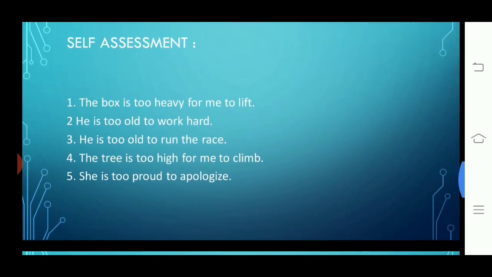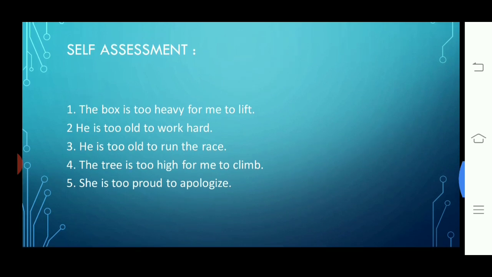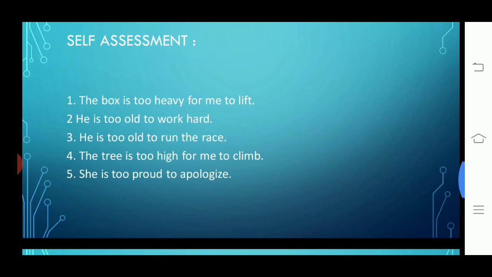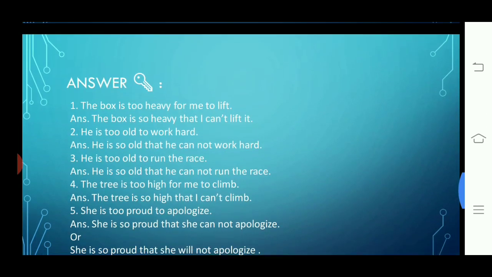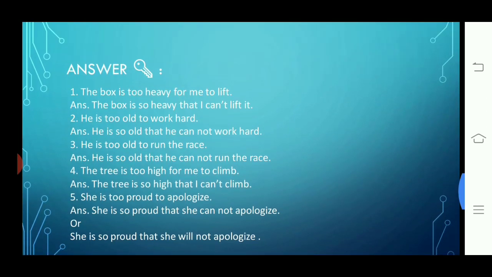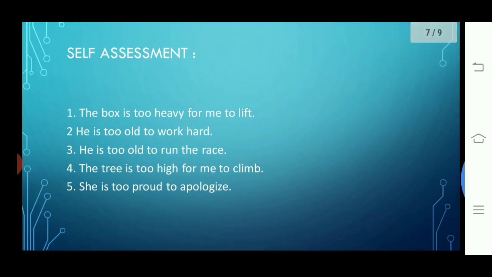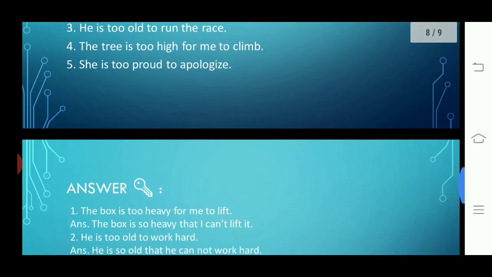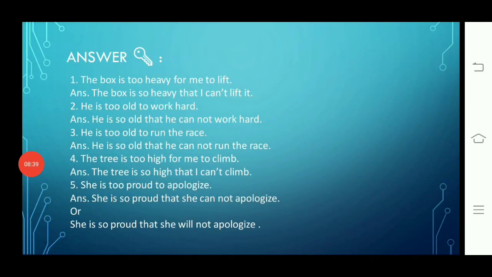So here some more questions are given, some more sentences are given for your exercise. You can try to do it first of all, and then the next slide comes with all the answers. So first you try to complete this on your own, and then you can have a look at the next slide.